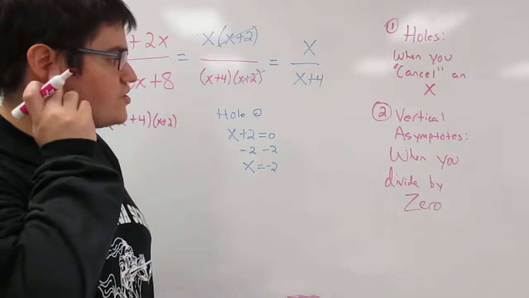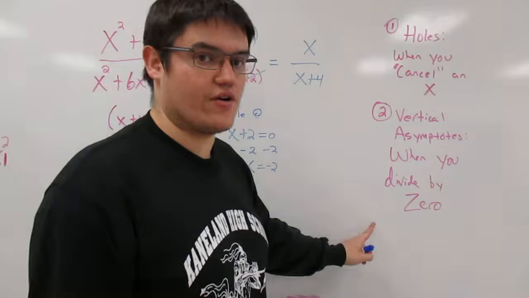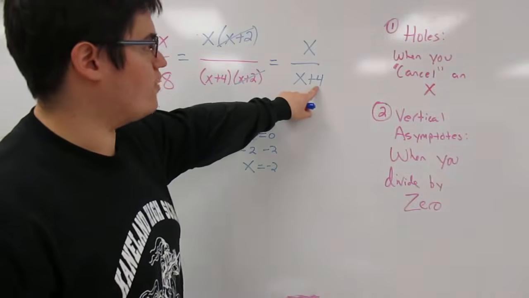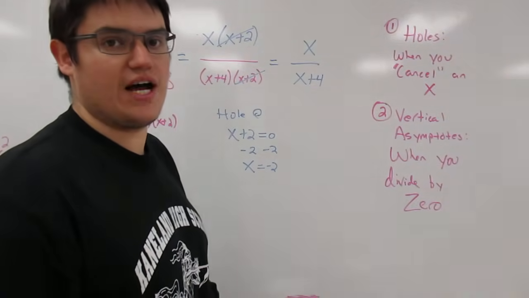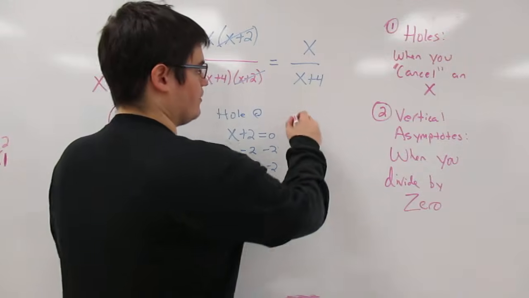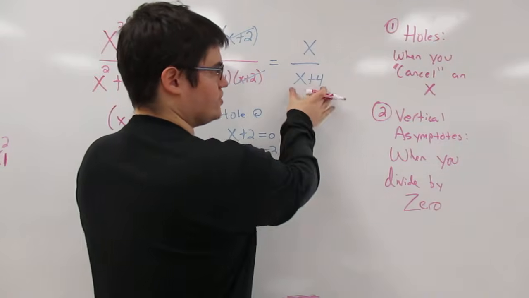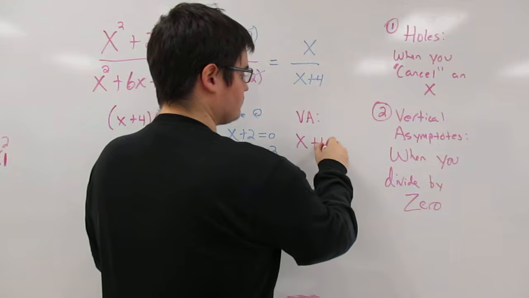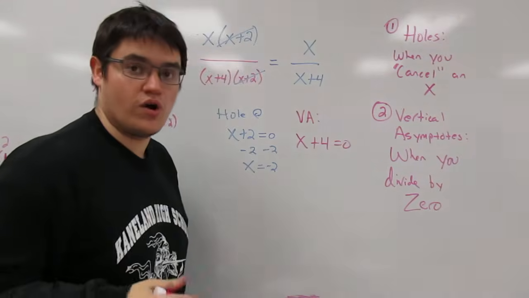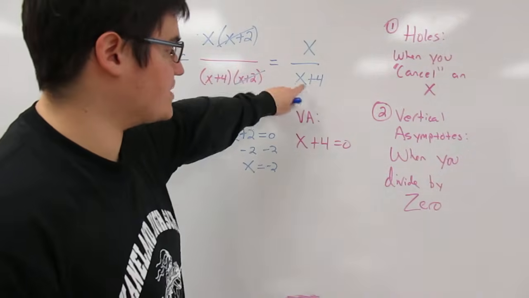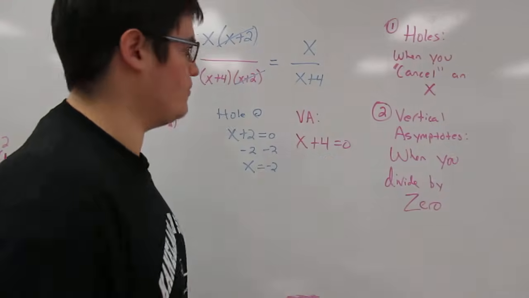Then for vertical asymptotes, that's when we divide by 0. So I need to look here, what values of x make me divide by 0? Well, for our vertical asymptote, you just take your denominator, set it equal to 0, because that's telling you the values of x that'll make this equal to 0.